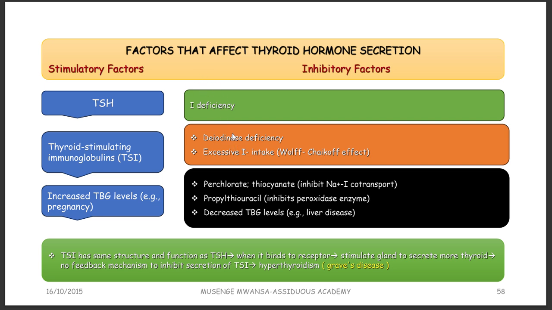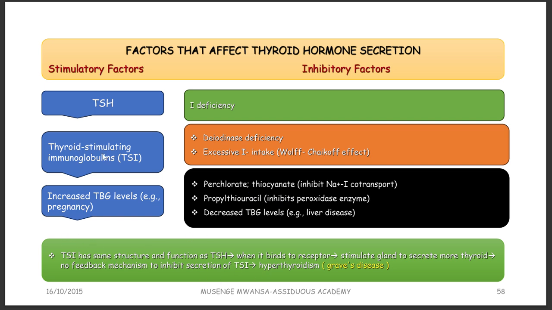When you don't have the deiodinase enzyme, which produces more iodine by breaking down the thyroid hormone, the body is going to interpret that as a deficiency of iodine. And if you have a deficiency of iodine, you start taking in more and more, and that is known as the Wolff-Chaikoff effect.